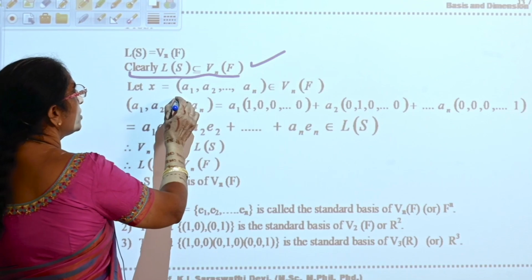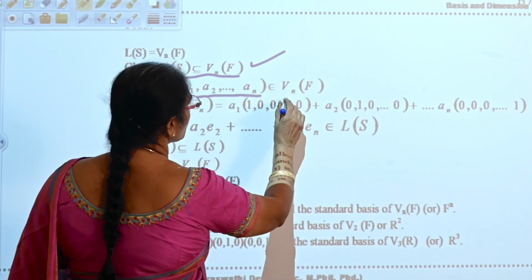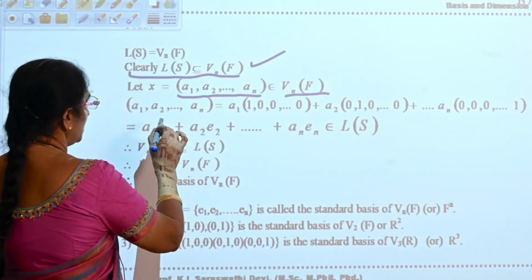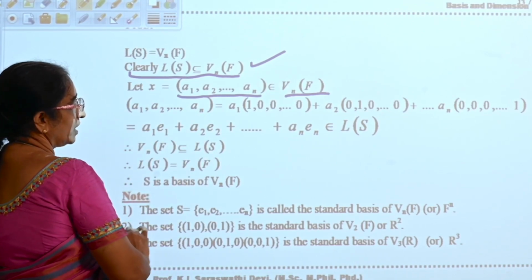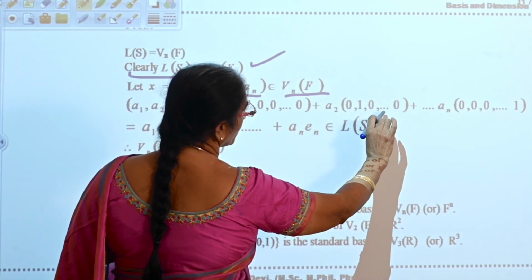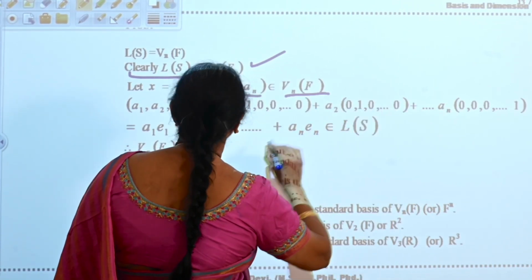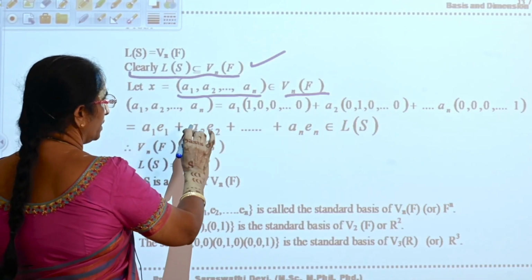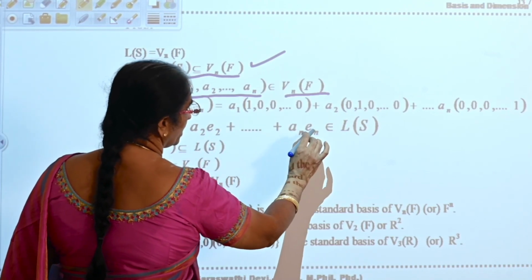Let x = (a1, a2, ..., an) belong to Vn of f. Then (a1, a2, ..., an) can be written as a1 into (1, 0, 0, ..., 0) plus a2 into (0, 1, 0, ..., 0) plus so on. Now this is a1 e1 plus a2 e2 plus so on an en.